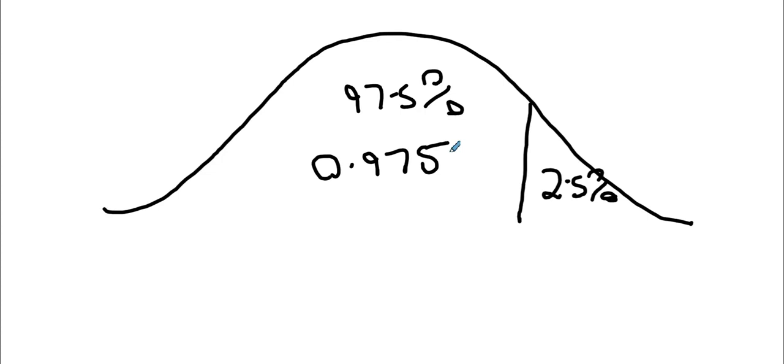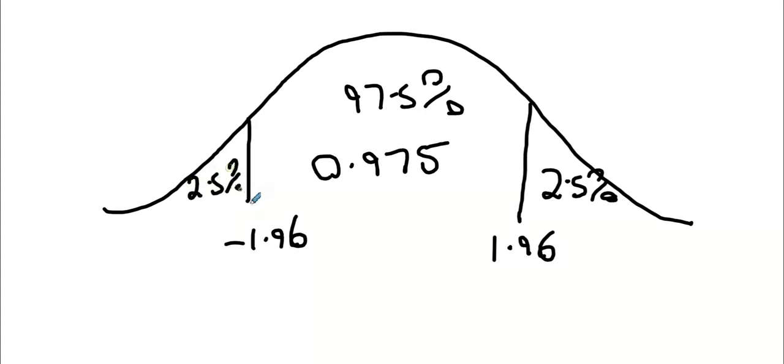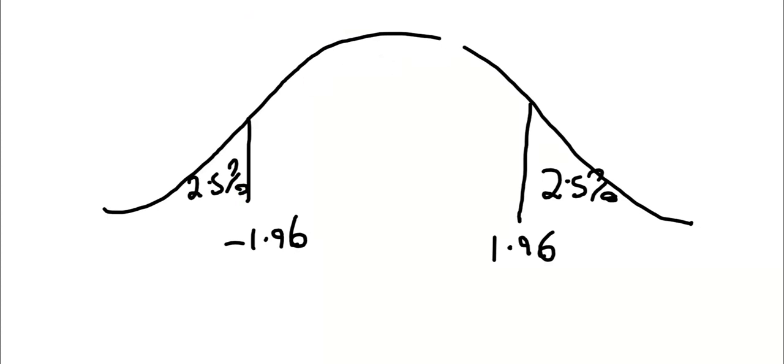Try 1.96. Here's 1.96. Now, everybody see that? Now, if I did minus 1.96, what would happen underneath it? There'd be another 2.5%. What would be in the middle then? 95% would be left over, wouldn't it?